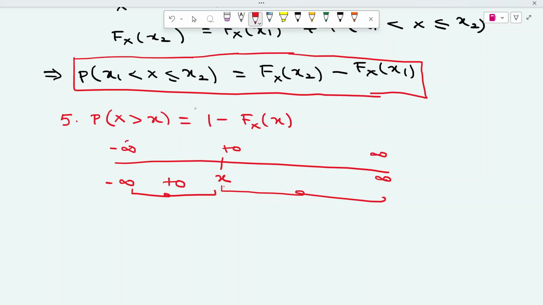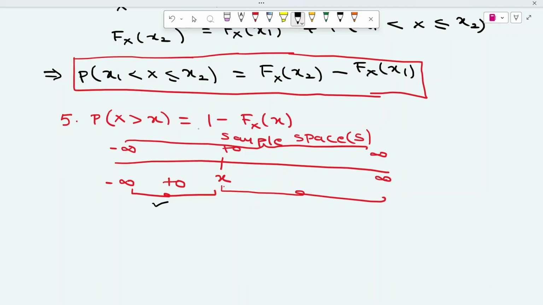From minus infinity to infinity is nothing but the sample space. Sample space S includes all the events from minus infinity to infinity. So we are dividing it into one part from minus infinity to x, including x, and the other with values greater than small x, that is from x to plus infinity.